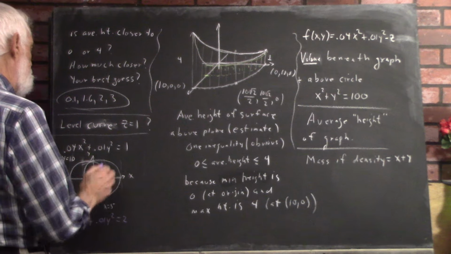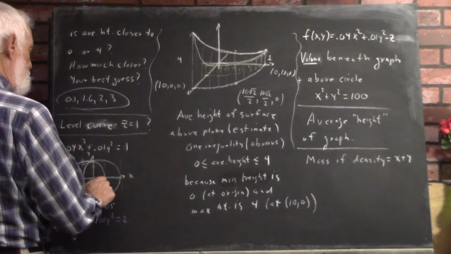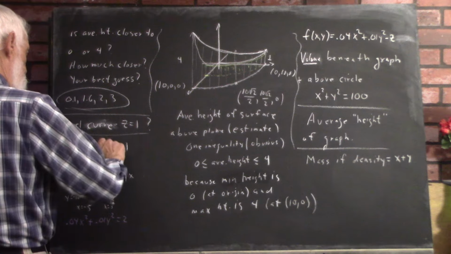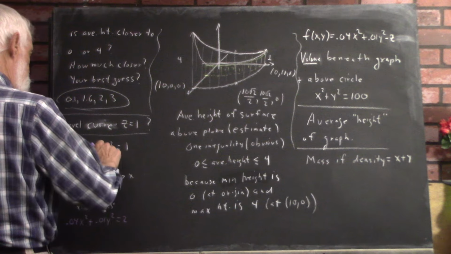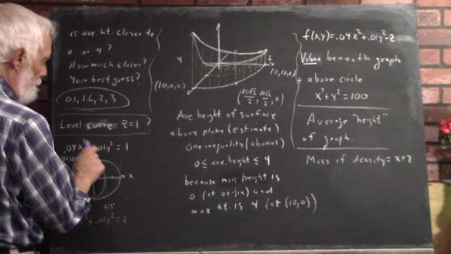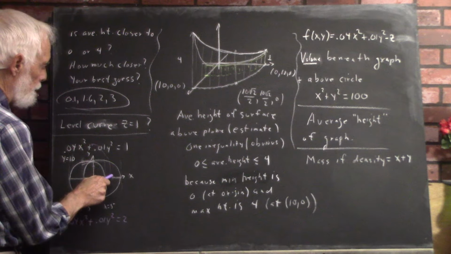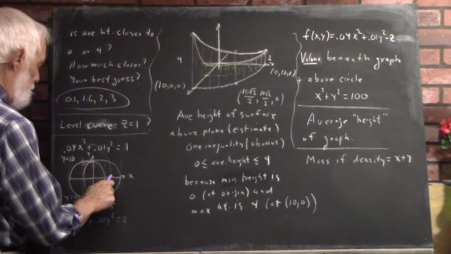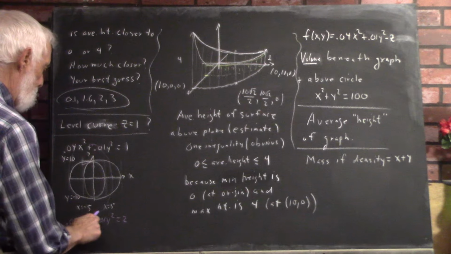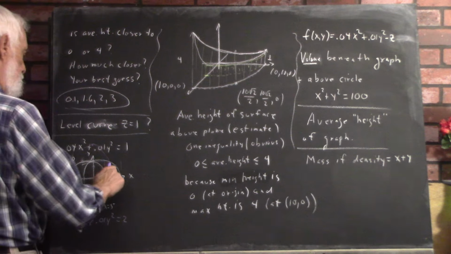Semi-major axis would be 10 times the square root of 2. That would be up here. Semi-minor axis would be 5 times the square root of 2. That would be about 7. So the ellipse would start up here, and then it comes down to a point way down here, and then it would be around here and down here, and you can work that out.